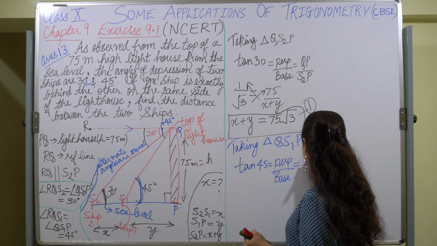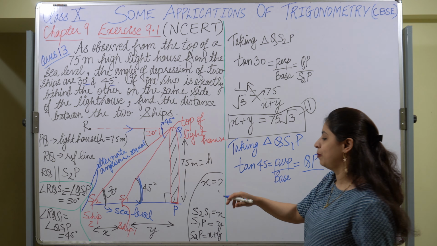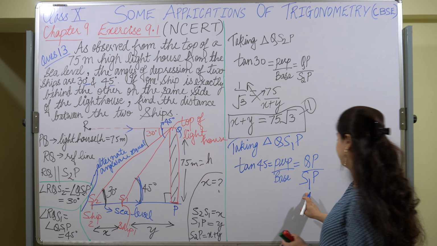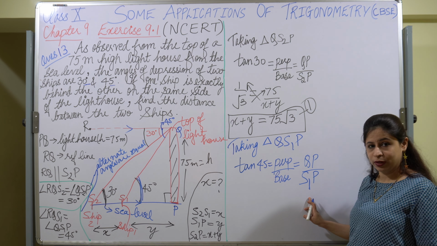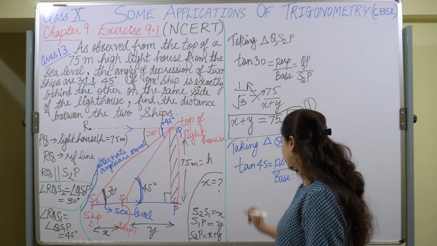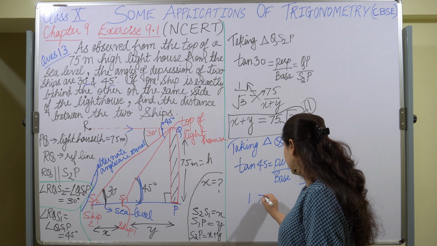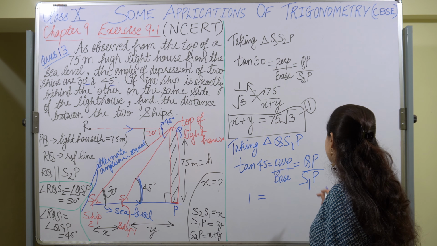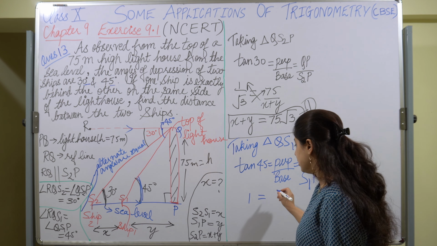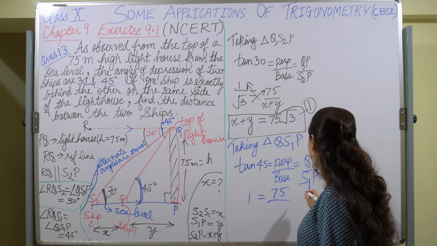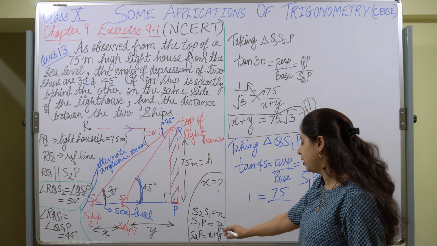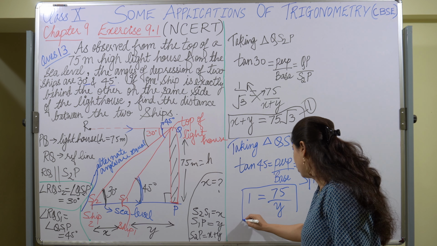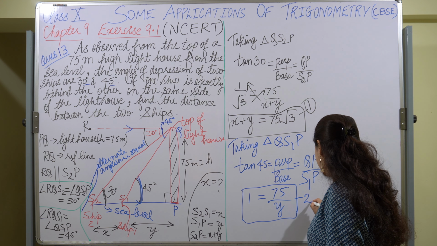My perpendicular is QP and my base will be S1P. Tan 45 is given by 1, we have already seen the table in chapter 8. QP is 75, given already in the question, and S1P we have assumed to be y. So this forms my second equation.